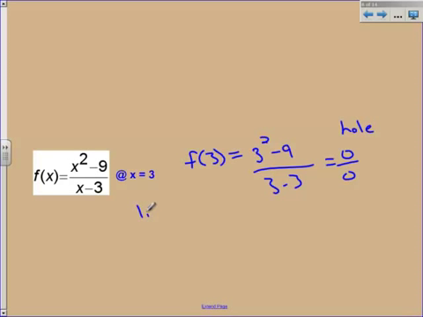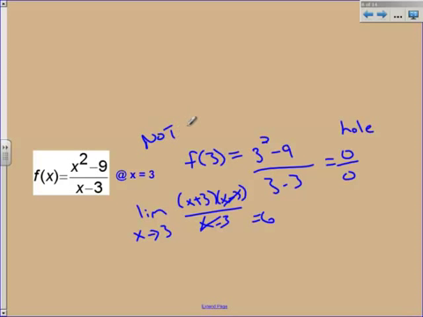Now, we can still go through here and find the limit as x approaches 3 the way we have been doing by factoring and canceling, and then trying the limit again, and we get that the limit exists. However, f of 3 does not exist, so this function is not continuous at x equals 3.